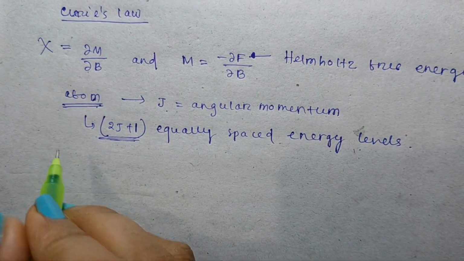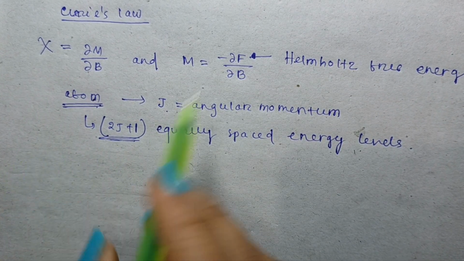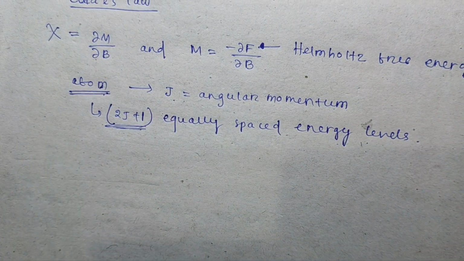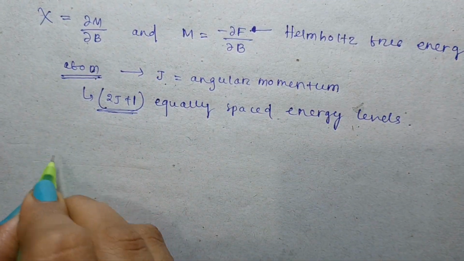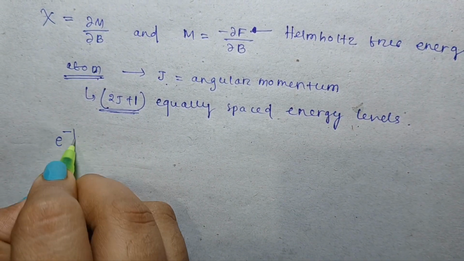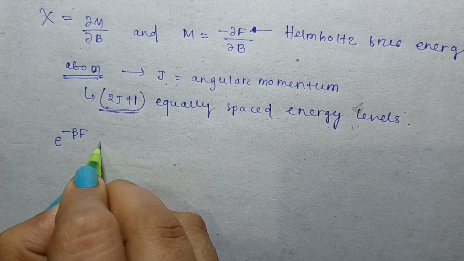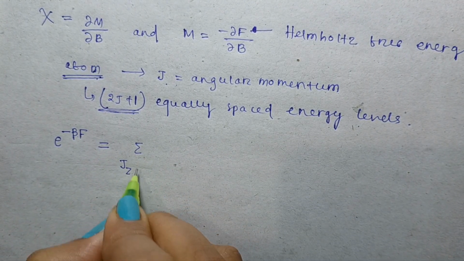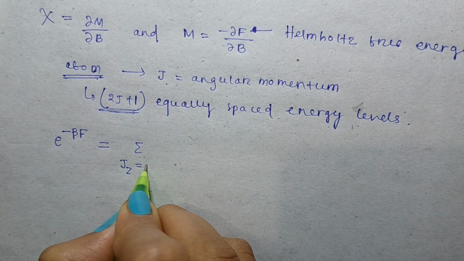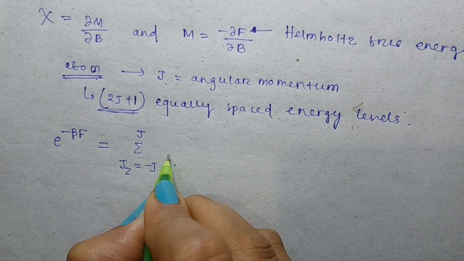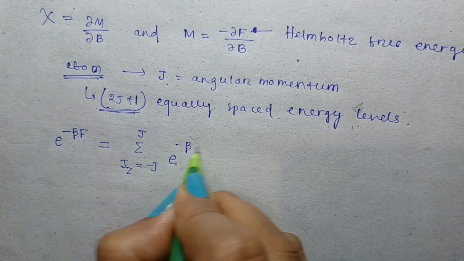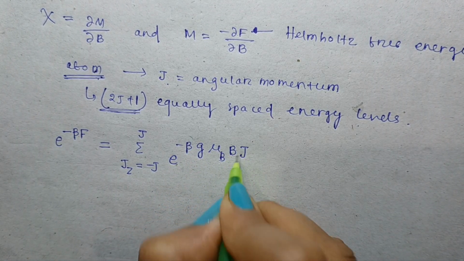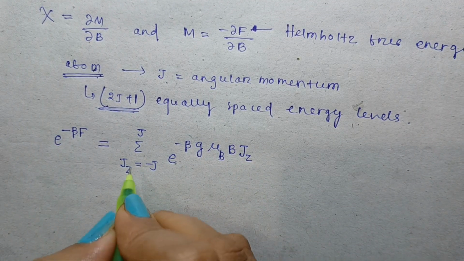And see here, the Helmholtz free energy F is defined by this formula: e to the power minus beta F is equal to the sum over Jz, from minus J to plus J, of e to the power minus beta g mu B Jz.